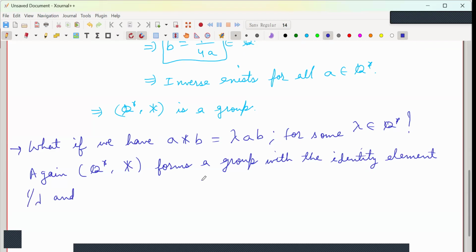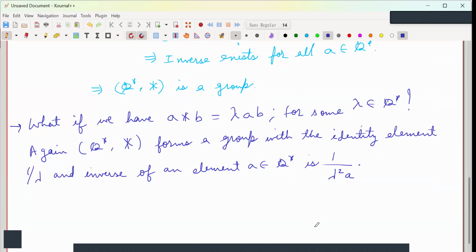And the inverse of an element A belongs to Q star is what? 1 by lambda square A. Very good. So not just multiplication of non-zero rationals, but some scalar times multiplication of non-zero rationals also forms a group.